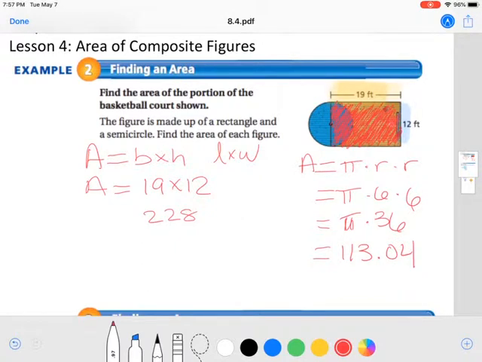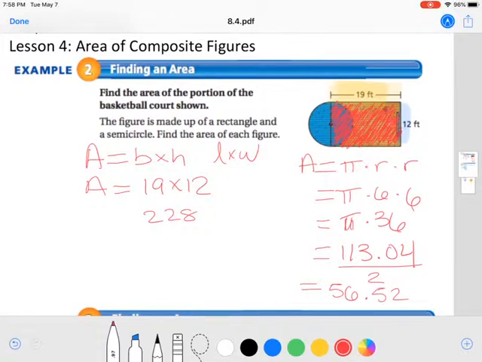So now that we have the area of our whole circle, we actually need to find the area of the semicircle. And to find the semicircle, which hopefully you remember from yesterday, we have to divide by 2. So we have this 113.04 divided by 2, which equals 56.52.